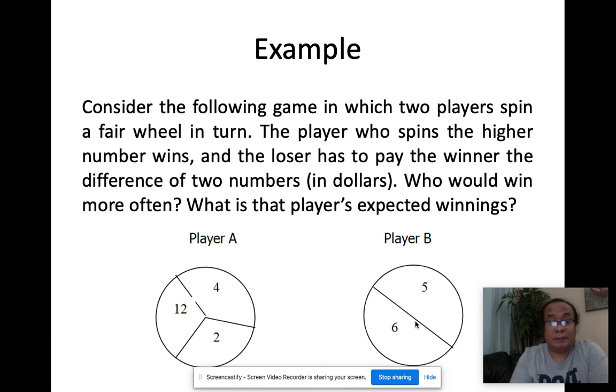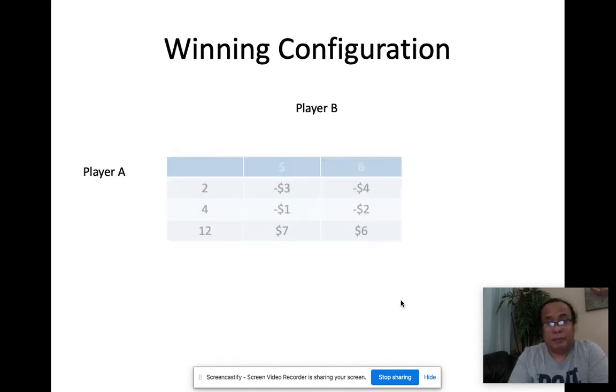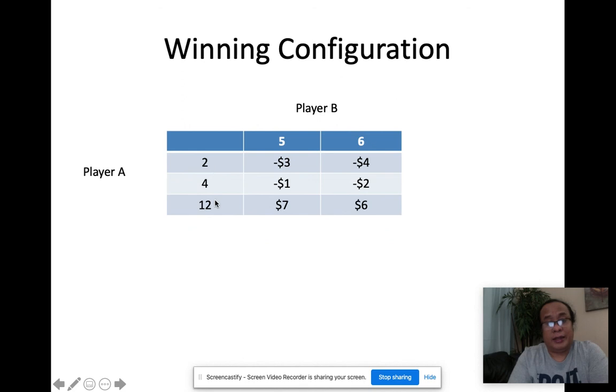So let's get the possibilities. Since player A has 3 choices and player B has 2 choices, the possibilities would be 3 times 2, which is 6. So there would be 6 grids. If I'm going to do that, it's going to be something like this. So player B has 5 and 6. Player A is 2, 4, and 12.